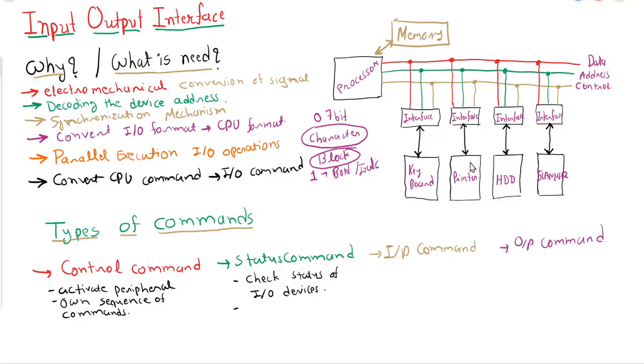Let's say the computer wants to print a page, but before sending data to the printer, it will know the status of the printer using the status command. Let's say the printer is occupied, or it is printing some other page. At that time it cannot handle the request, so the status command will return a negative acknowledgement.